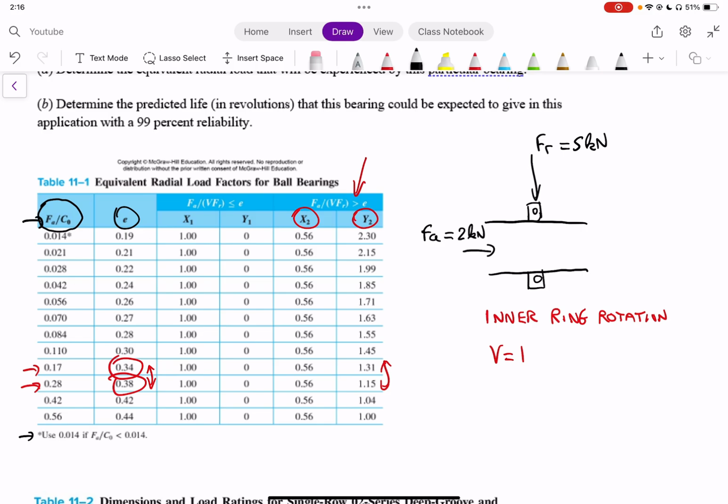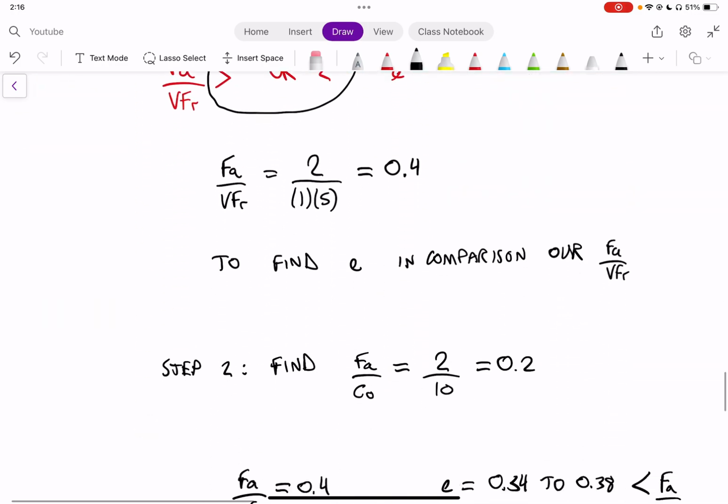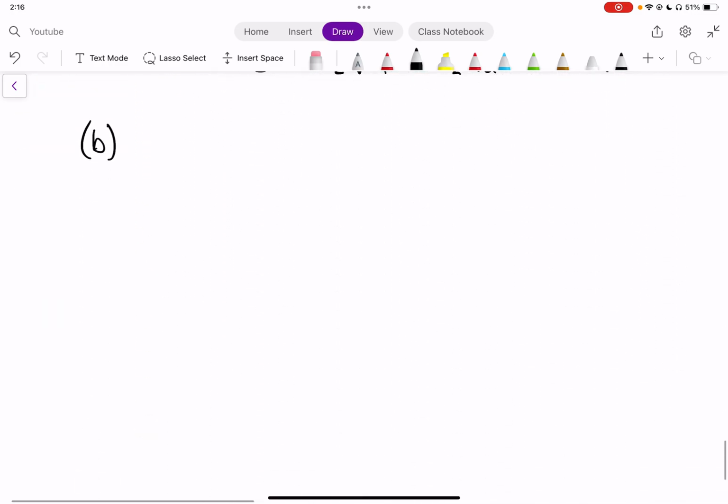And clearly our force desired is not going to be just our radial force, it's going to be our equivalent force. So what we're looking for is what life desired, or what life L sub D, we could be coming up with in terms of the given bearing that we have.